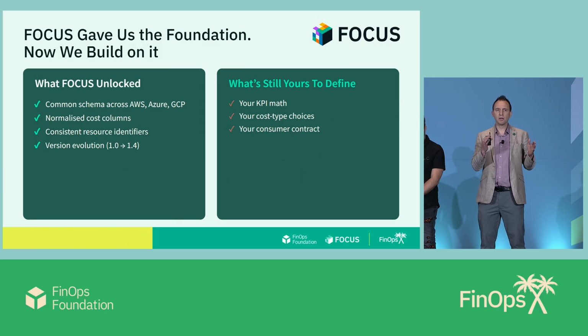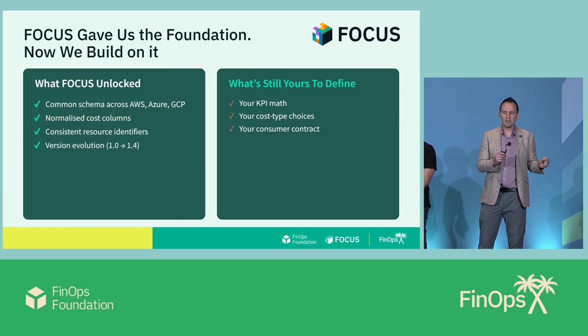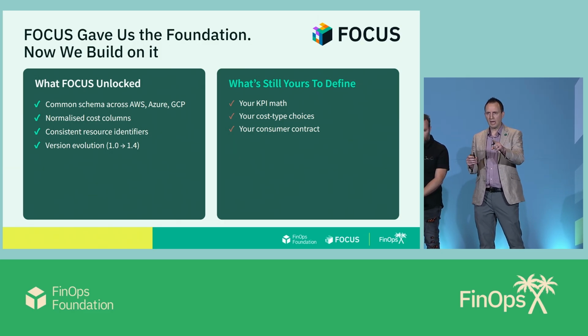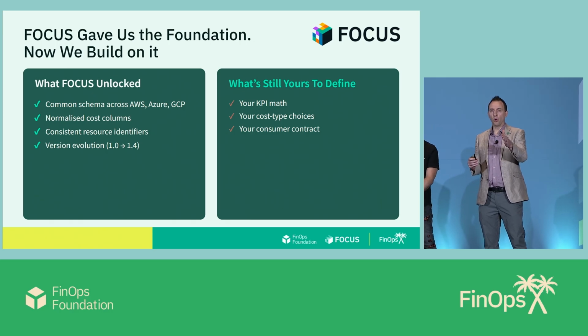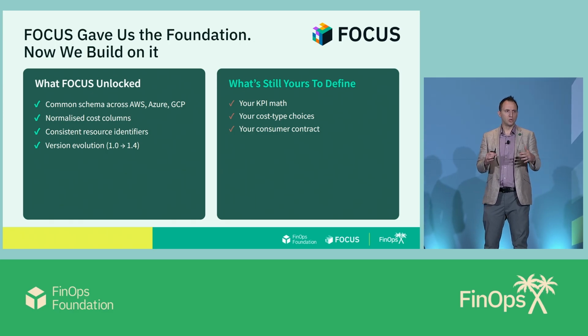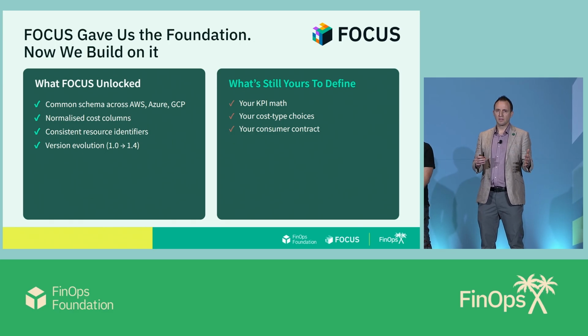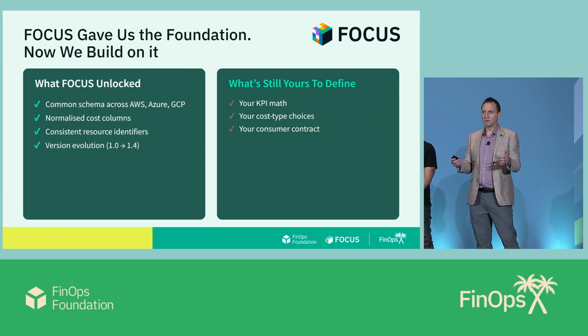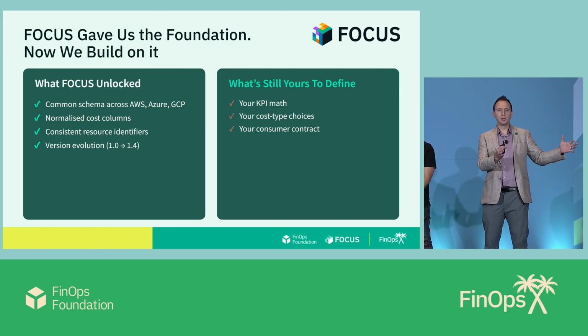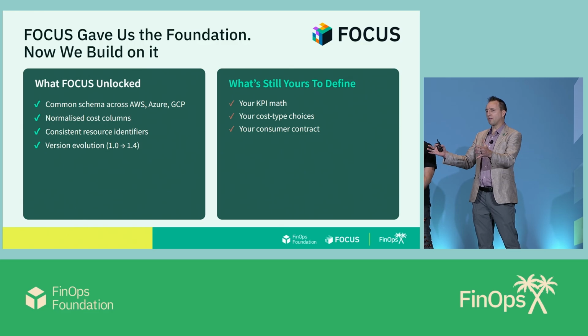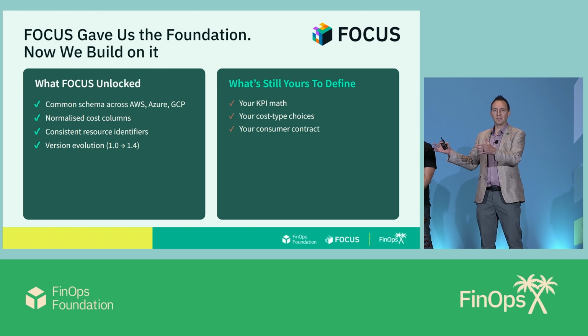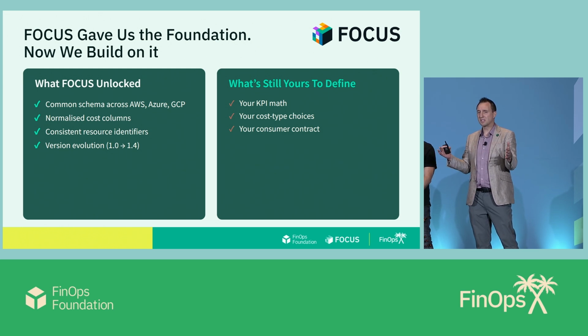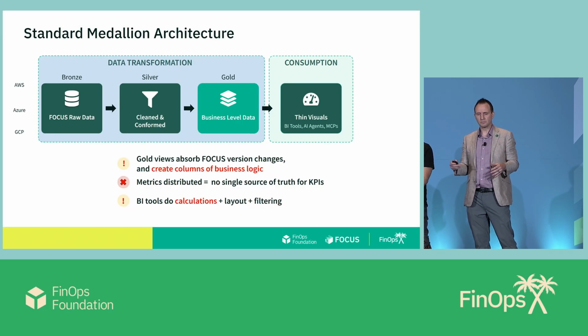But what it purposely does not give you is your KPI math, your cost type choices, your consumer contract. That is on you to solve. Focus can give you the ingredients. You need the recipe, and you need to define that recipe in a way that can be repeatable across the same, different dashboards within the same tool and across AI agents as well, especially AI agents.